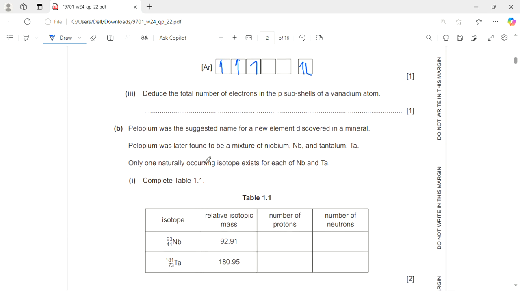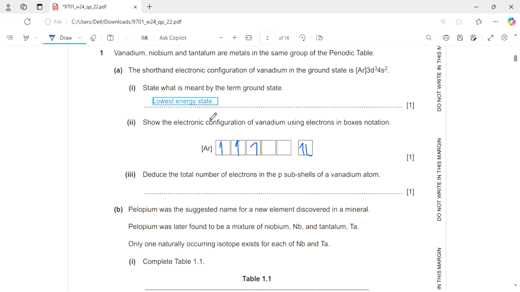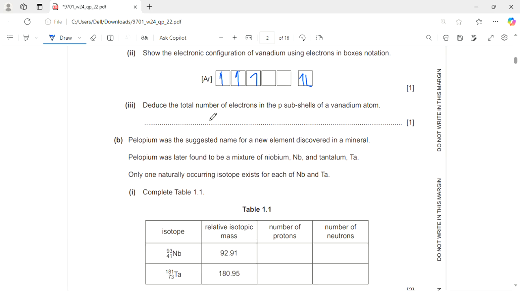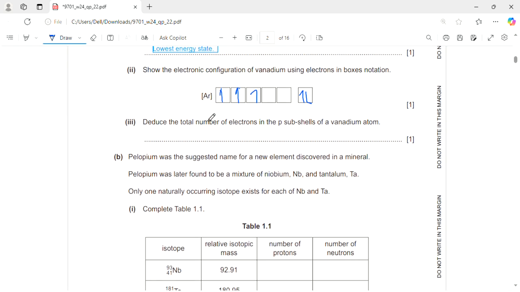Deduce the total number of electrons in the p subshells of a vanadium atom. We can write 1s2, 2s2, 2p6, 3s2, 3p6, 3d3, 4s2.